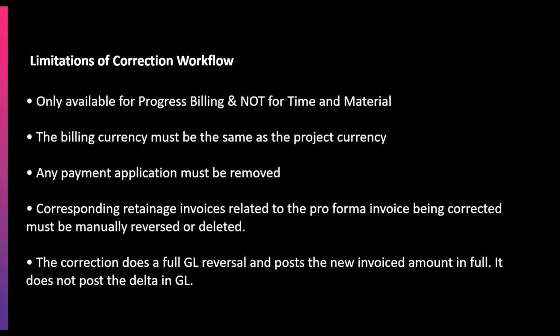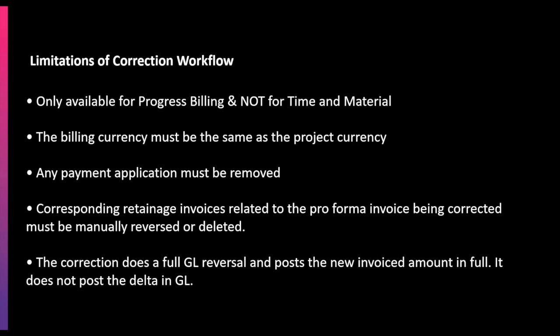It's also important to note that there are some limitations to this correction workflow. Firstly, it's only available for progress billed invoices and not for time and material. The billing currency must also be the same as the project currency for it to work. And if there are any existing payment applications already done to the AR invoice, those need to be removed before you can do the correction.